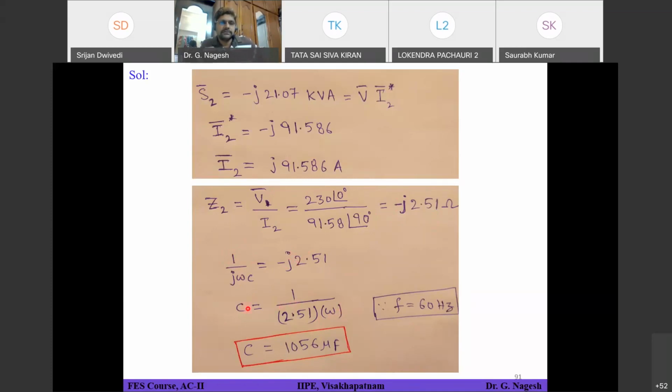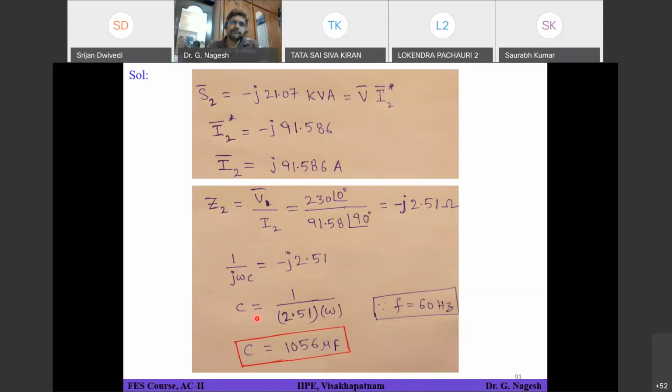So you are going to get your capacitor value as 1056 microfarad. This is the capacitor you have to connect in parallel for the existing voltage of 230 volts in order to get an overall power factor of 0.95 lagging.